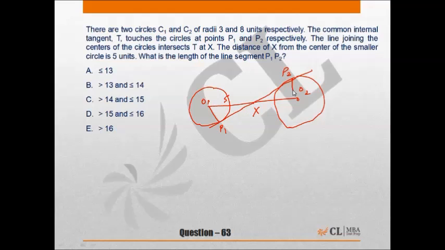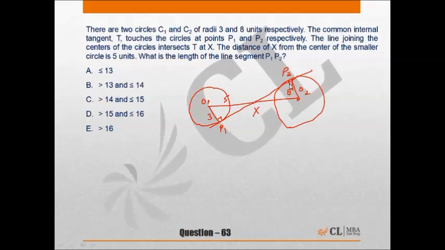We have to find the length of P1P2. O1P1 is 3 and O2P2 is 8. O1P1 will be perpendicular to P1P2 as it is the line drawn from the center to the tangent.